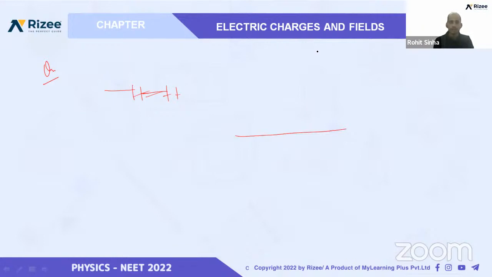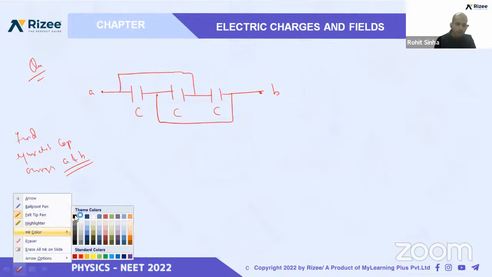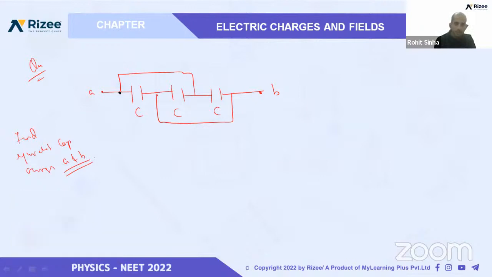Okay, 3C. You know how to solve this question? I don't know the answer, but I have to see. This will have, suppose, potential V. Let us say 1 point. First 1 point. This will also have potential V, that is same point 1.